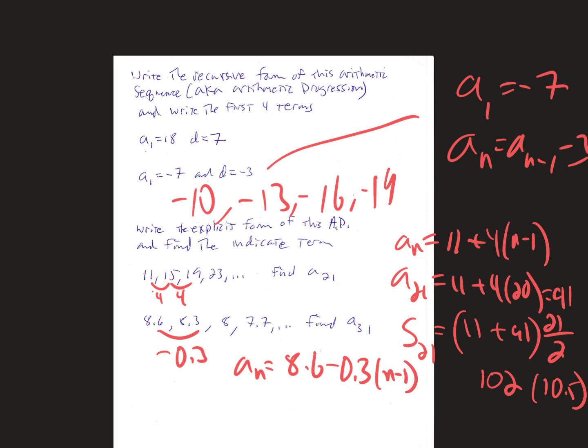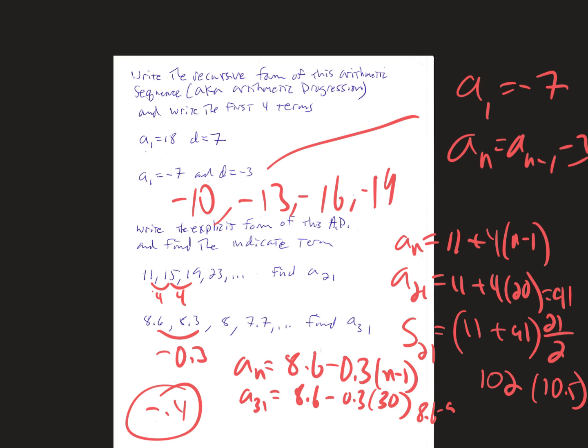Then to find the 31st term, a sub 31 would equal 8.6 minus 0.3 times 30. Won't that be 9? So 8.6 minus 9 is negative 0.4. So that's the 31st term.